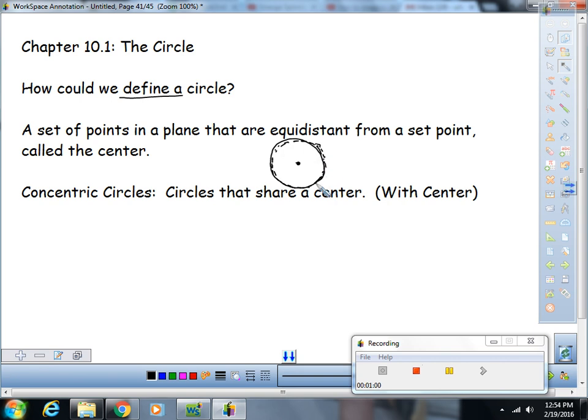But if I crossed out this, then hopefully you can imagine we would have many circles, and you'd have a sphere. So that's the difference between a circle and a sphere: a circle is in a plane.